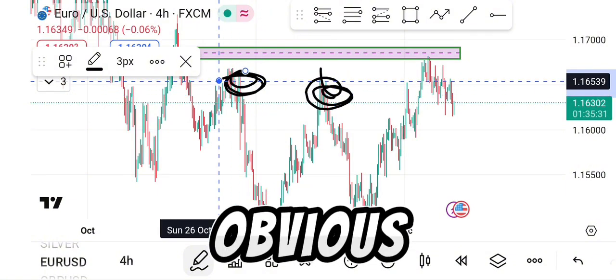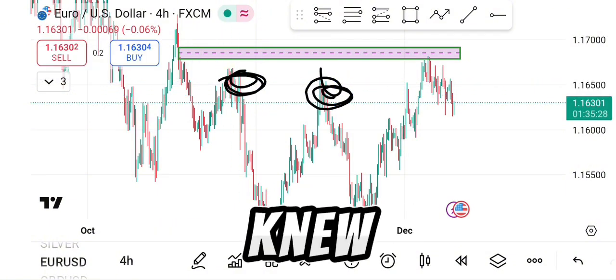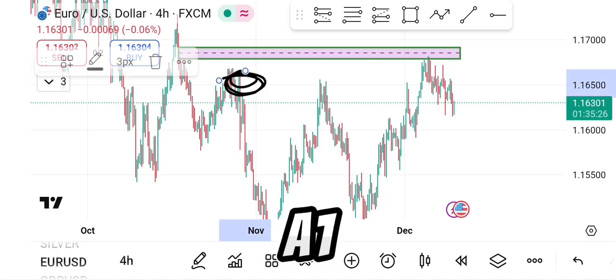Those places are obvious liquidity zones, so I knew the setup was A1.